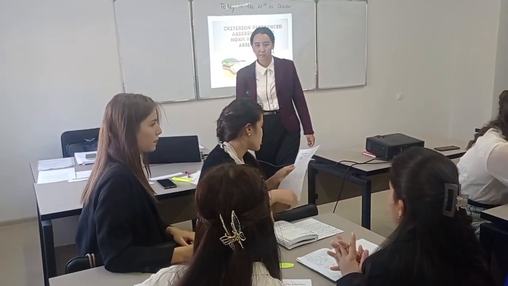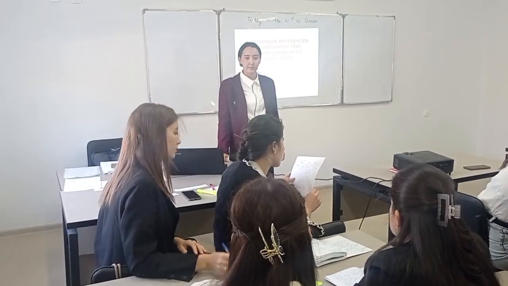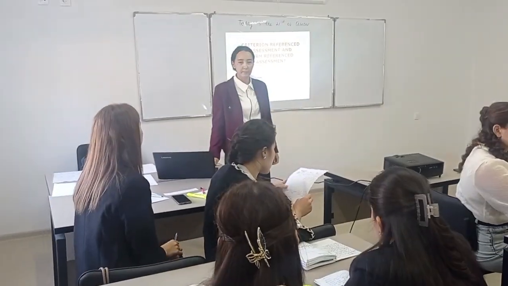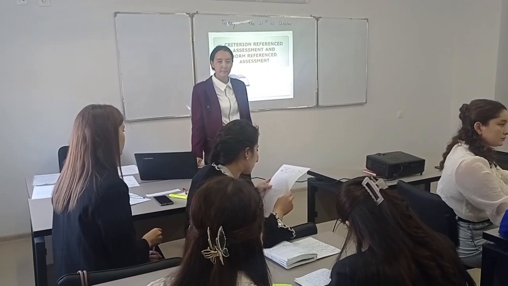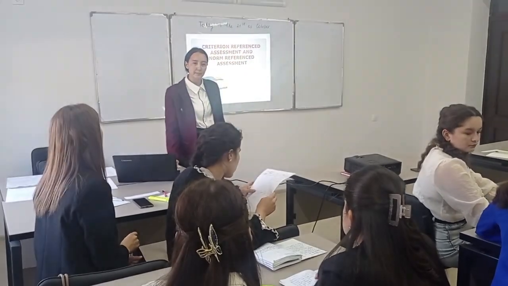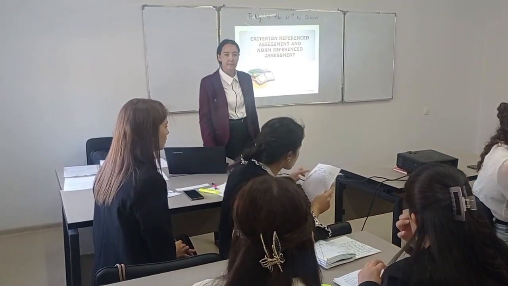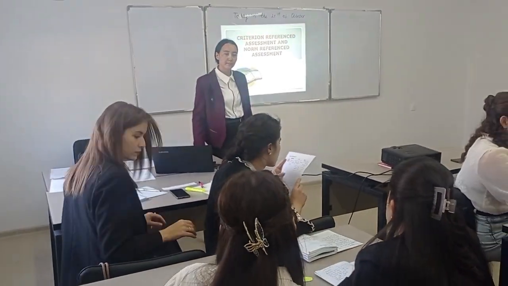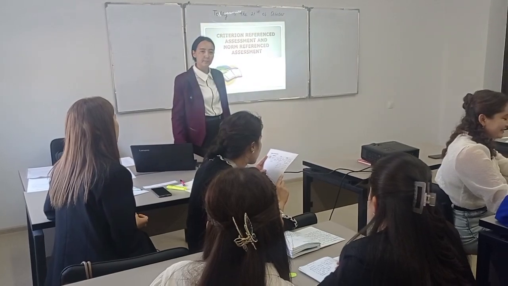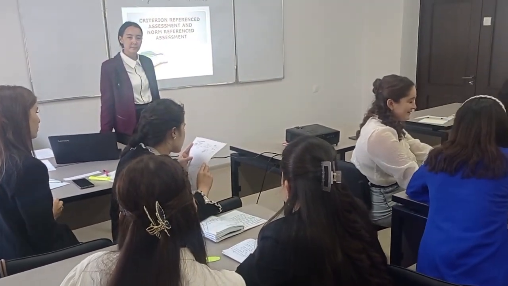Please, your answers. First, criterion referenced assessment. Differences: it measures students' performance based on a specific set of skills. And the norm-referenced assessment compares one student's performance to another, and discriminates low and high level. Pros of criterion referenced assessment: it helps identify each student's weaknesses and strengths, and ensures all students are assessed by the same criteria.